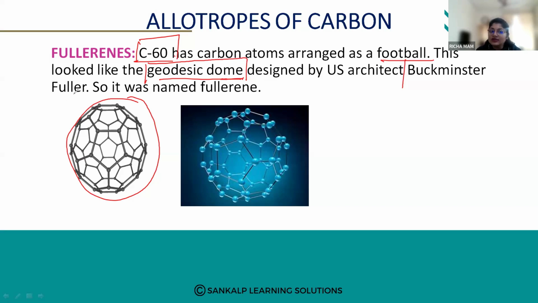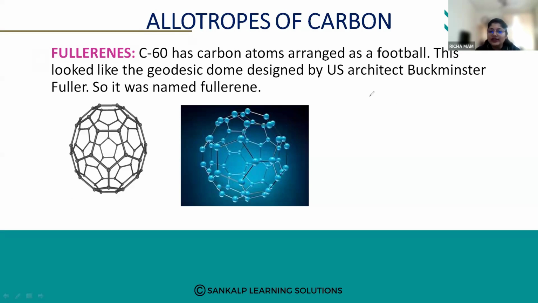So because of the scientist, this was named fullerene. From his name, the C60 carbon molecule was named what? Fullerene. So the third allotrope was named fullerene. Which are the three allotropes? Diamond, graphite, and fullerene.